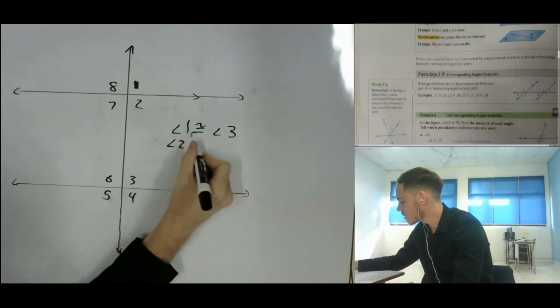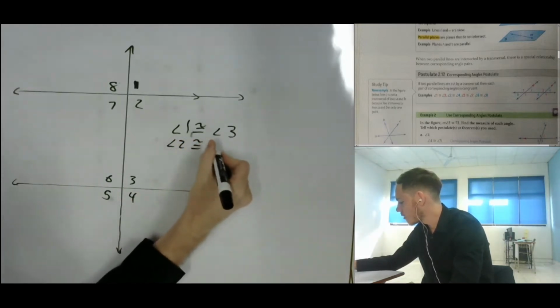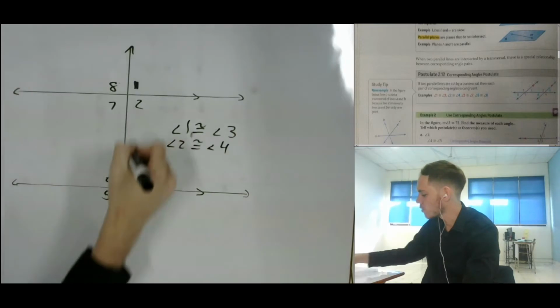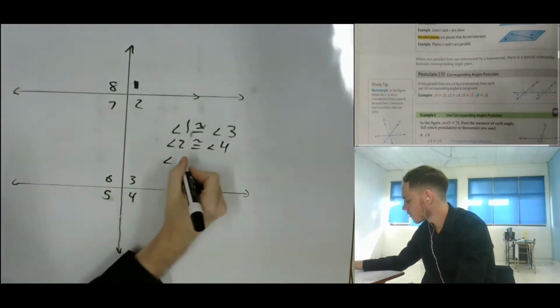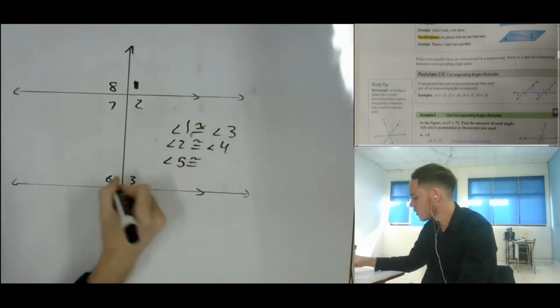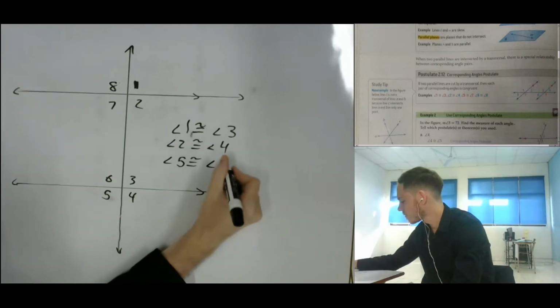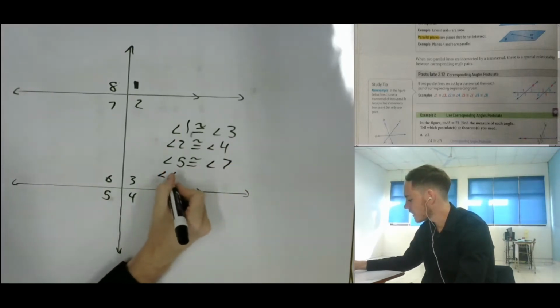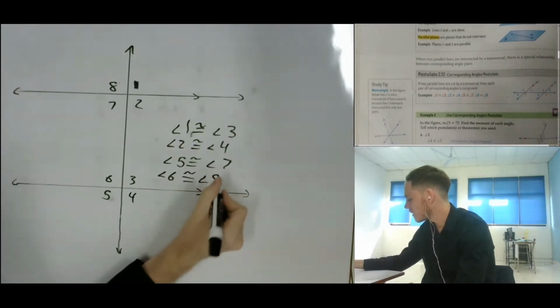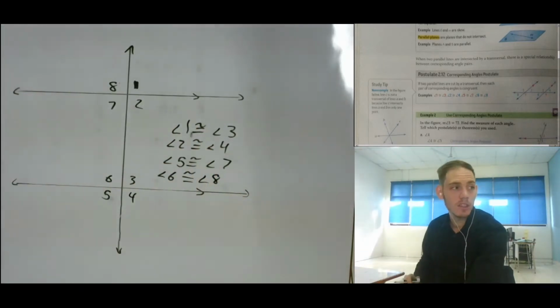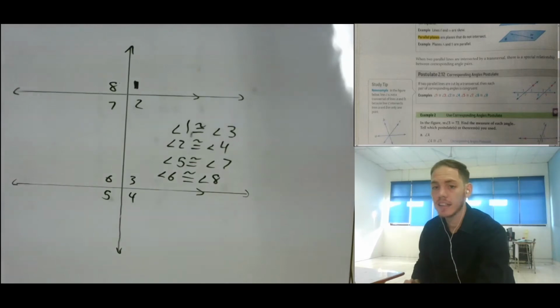Angle 2 is congruent to angle 4, because they're corresponding. Angle 5 is congruent to angle 7. And finally, angle 6 is congruent to angle 8. Okay? This means that they're equal in measure and type.